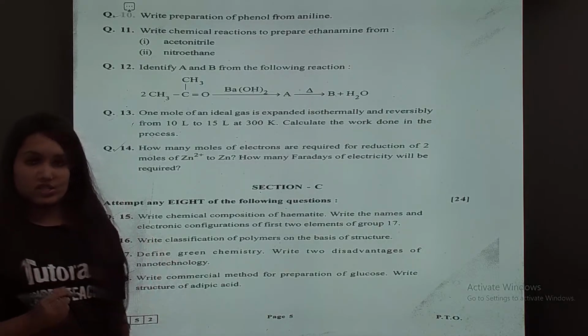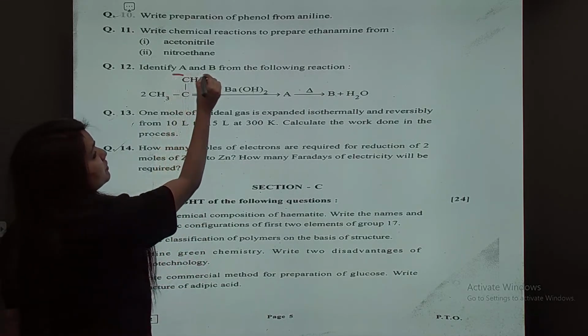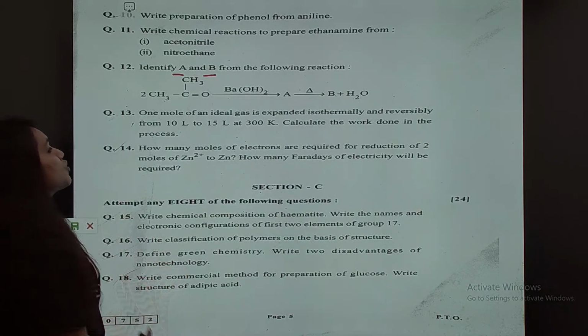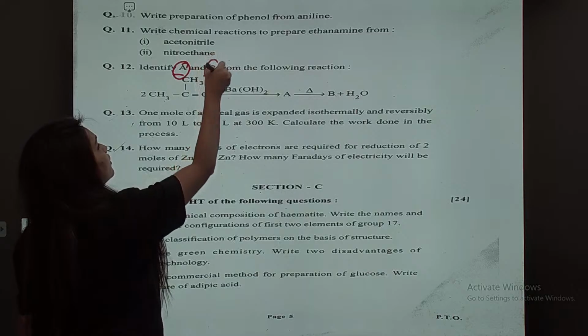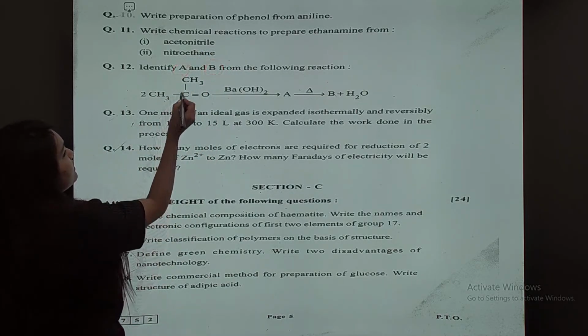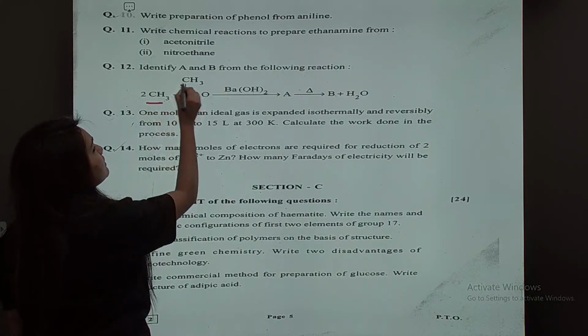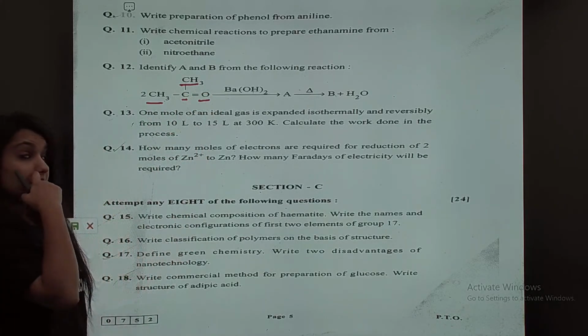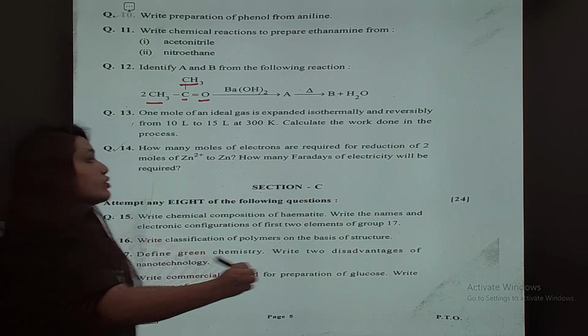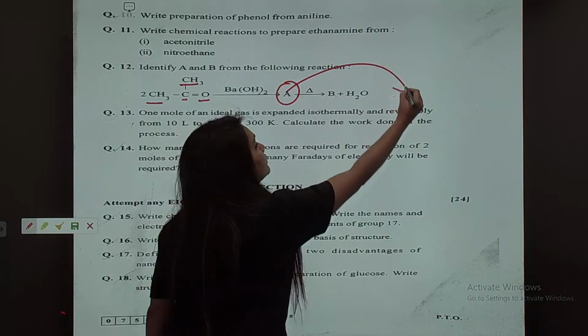Now the 12th question is, identify A and B from the following reaction. The reaction is given to us. We just need to understand what will be A and what will be B. They have given us CH3COCH3, in the presence of barium hydroxide. Let us look at the product A here.